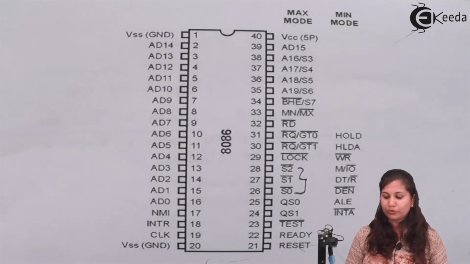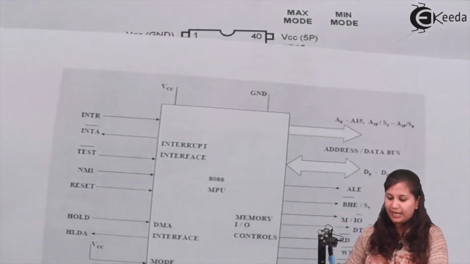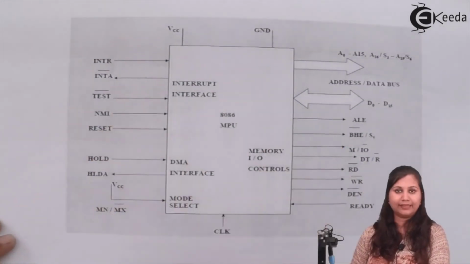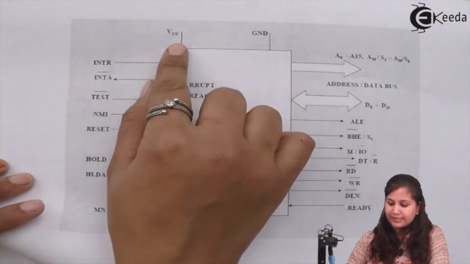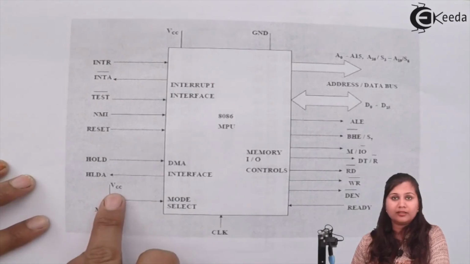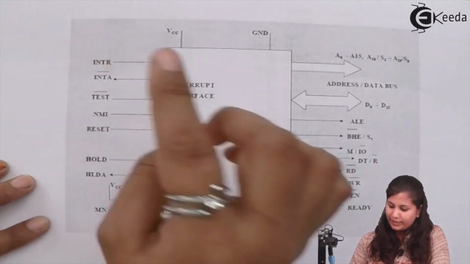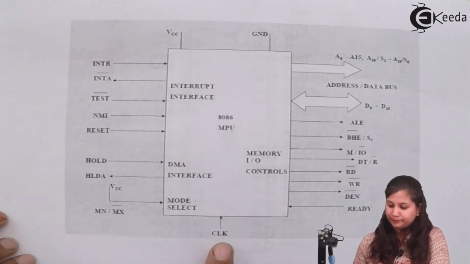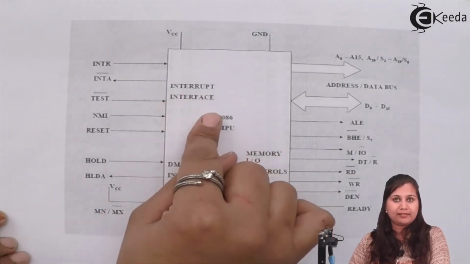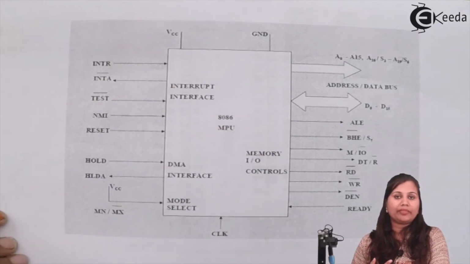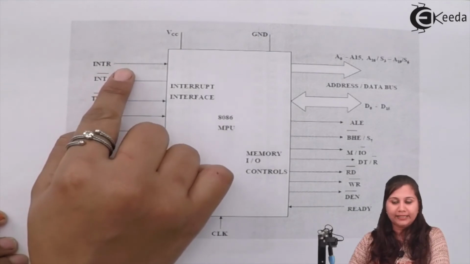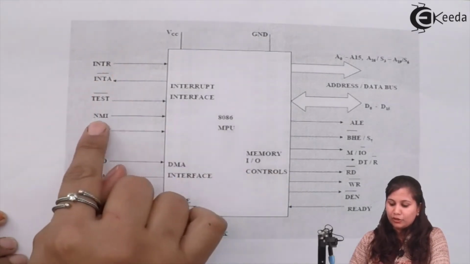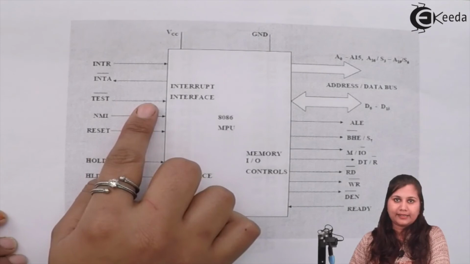Now if we want to relate it with the signal diagram of 8086, this is the signal diagram, and if we relate it with the pin diagram, we have the power signals VCC and ground here. Then we have the clock input. Then we have interrupt interface signals, meaning signals related to the interrupt operation of 8086: INTR, INTA, non-maskable interrupt, and the TEST signal.